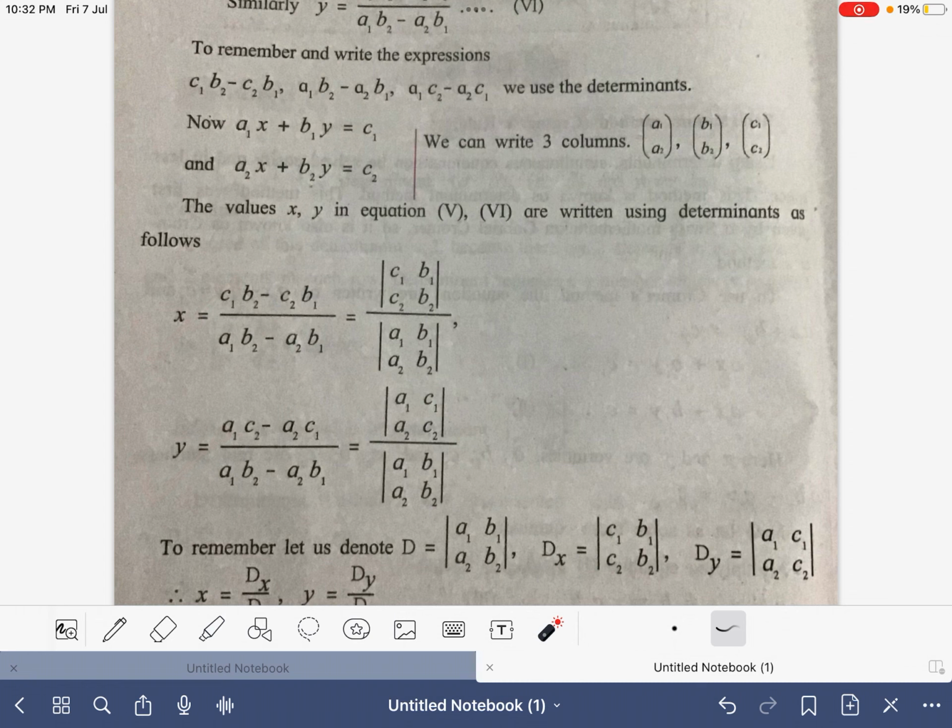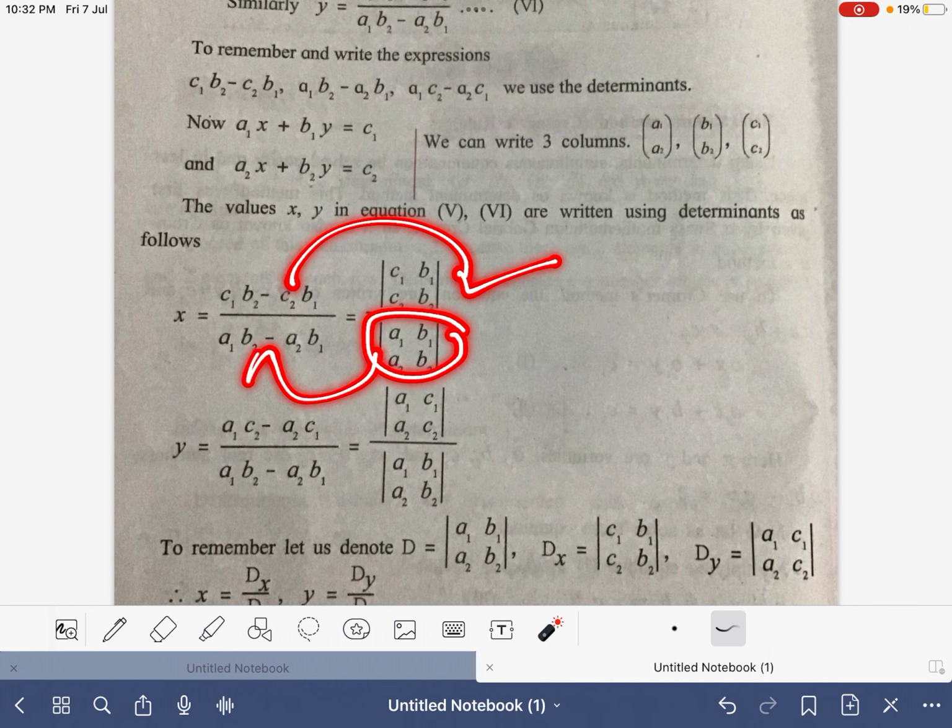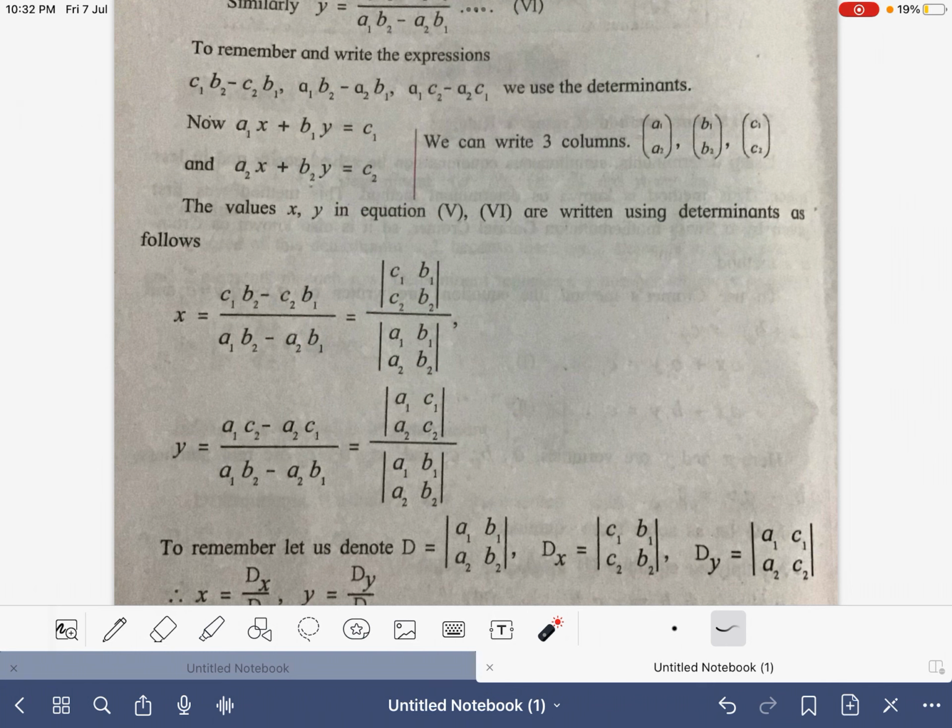Simply, Cramer converted this formula into the determinant form. So what they did: if you solve the value of the determinant, it is nothing but this term. So the answer of this determinant is the value of this term. So they represented it, instead of this, in determinant form. Clear?